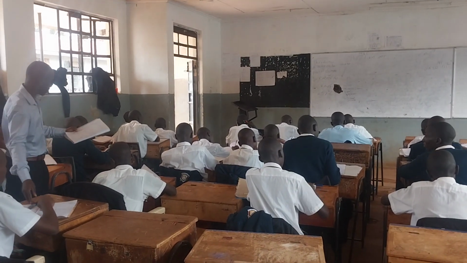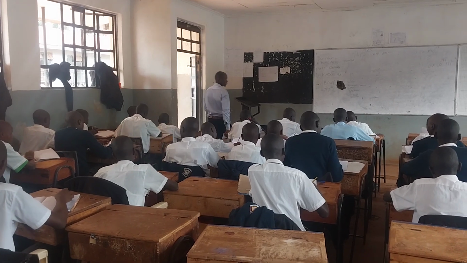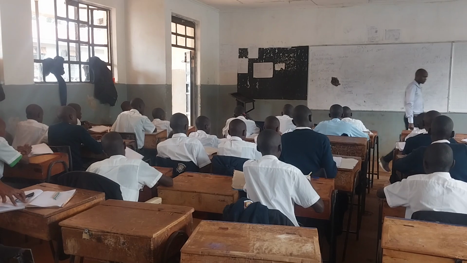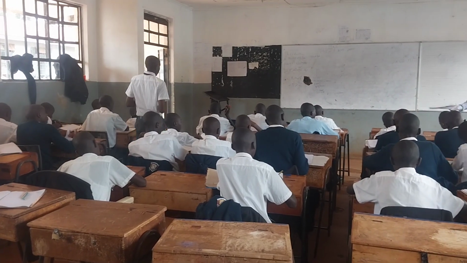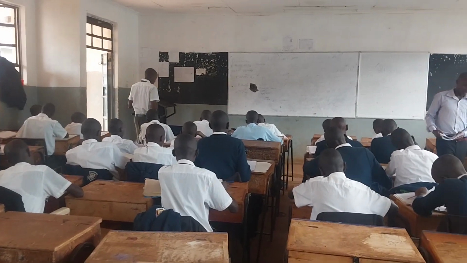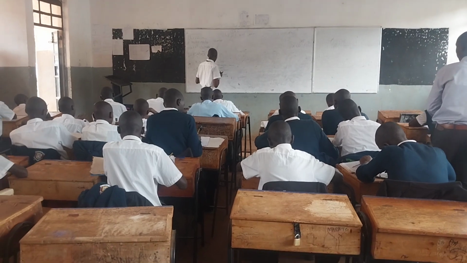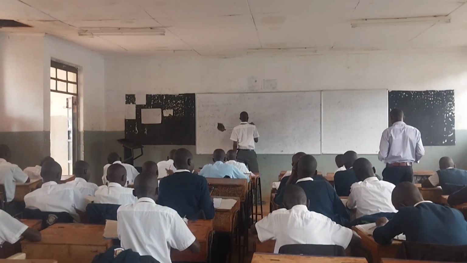Our area, the formula is pi r squared, and we have our radius as what? 100 millimeters. Even you, do some calculations.